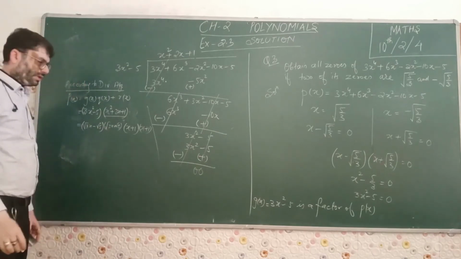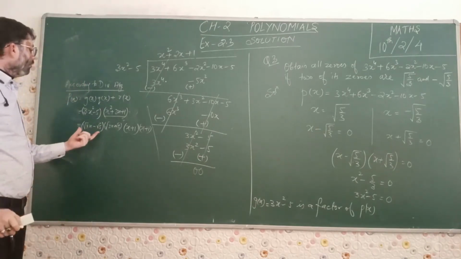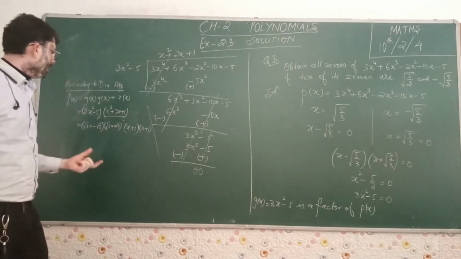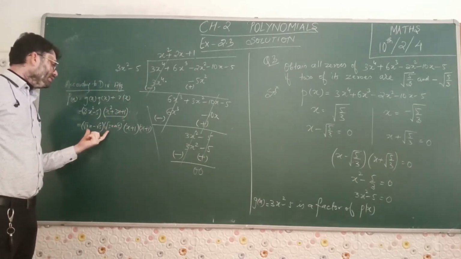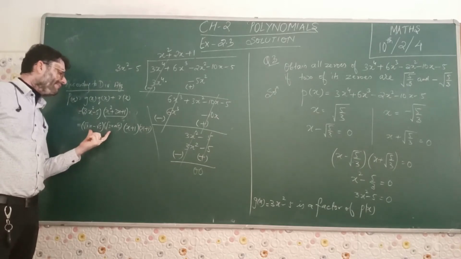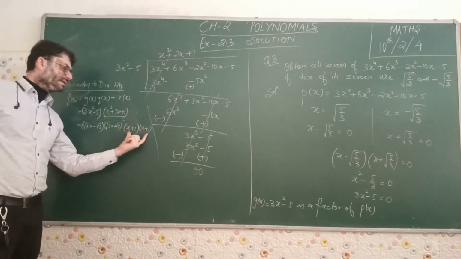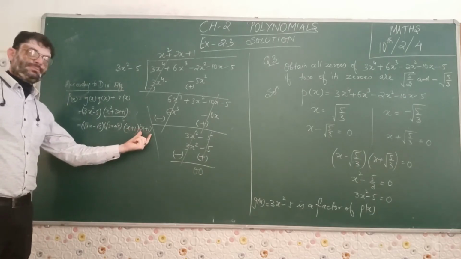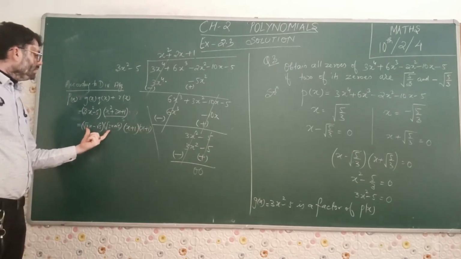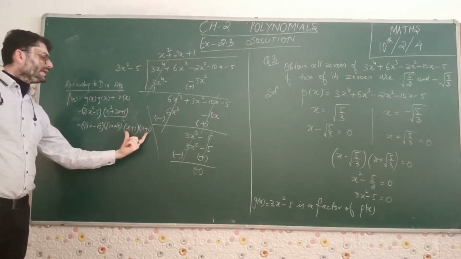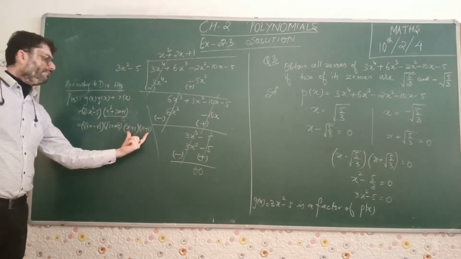Now we have got 4 factors of the polynomial p of x, of which these 2 factors we knew because they have been obtained from the two zeros that were given to us. The two new factors are x plus 1 and x plus 1. These are the 2 factors which have given us the 2 zeros. The rest 2 zeros can be obtained from these 2 factors.